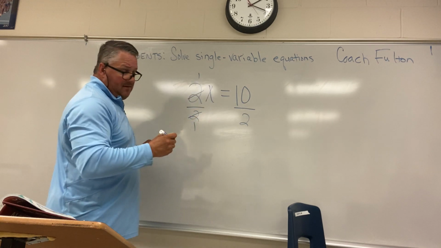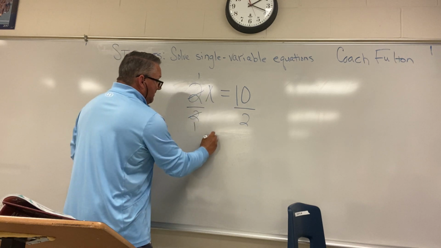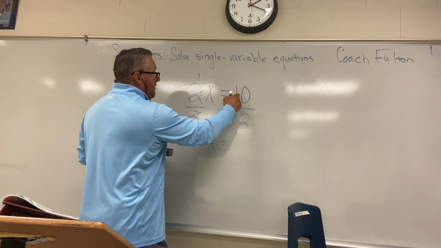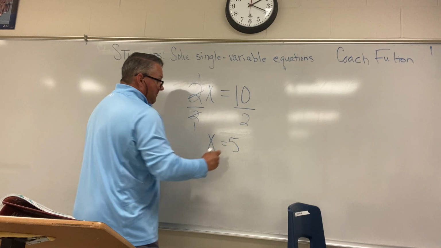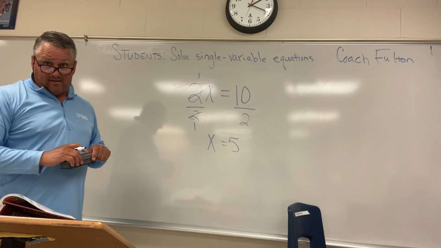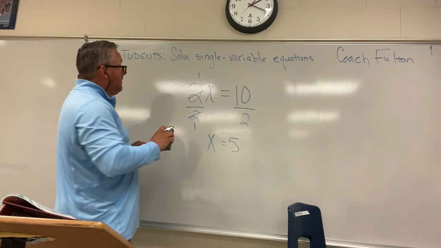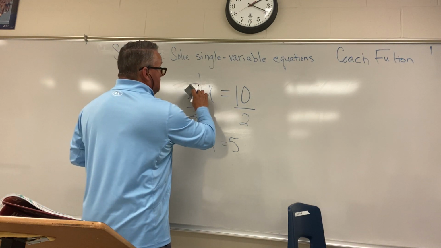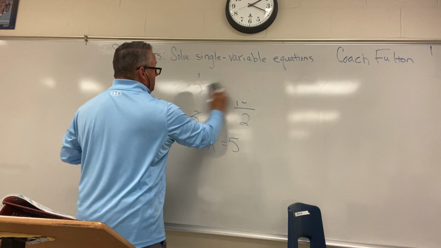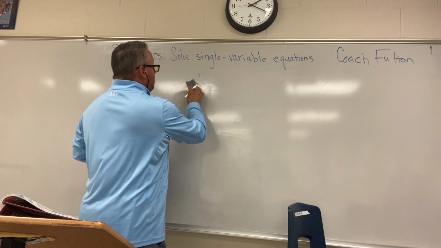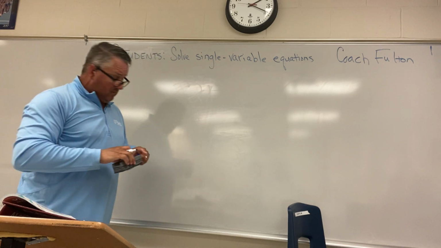They simplify. 1 times the variable x is x, and then we have 10 divided by 2 is 5. So that was a very basic example of a simple equation, single variable. Single variable just means one x or one y in it.